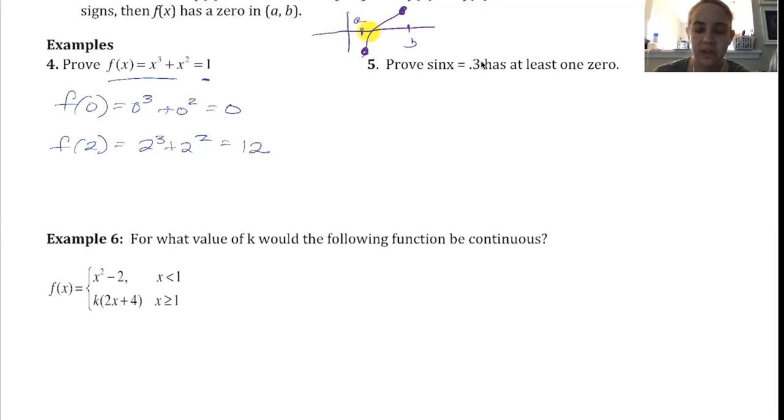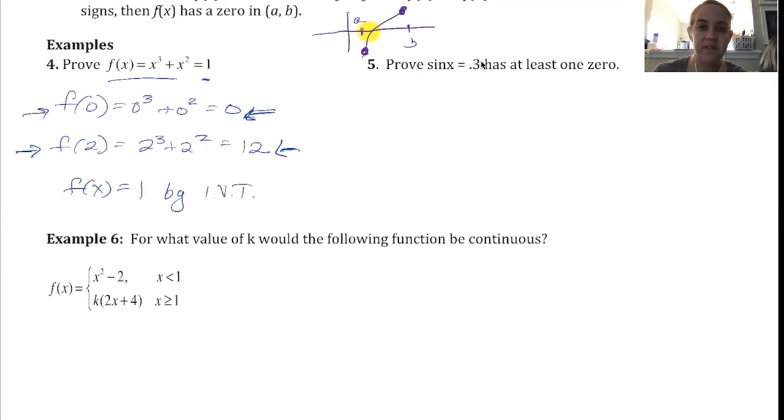There are no square roots anywhere. It's continuous everywhere. And because I can say for certain that y equals 0 when x equals 0, and y equals 12 when x equals 2, I know for a fact that f of x is equal to 1 somewhere by the intermediate value theorem.